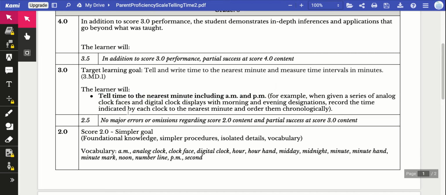When given a series of analog clock faces and digital clock displays with morning and evening designations, record the time indicated by each clock to the nearest minute and then order them chronologically. Now, that's a lot more than just telling and writing time to the nearest minute and measuring time intervals, right? The ordering them chronologically wasn't anywhere in this learning target.